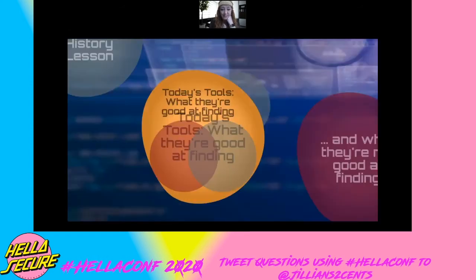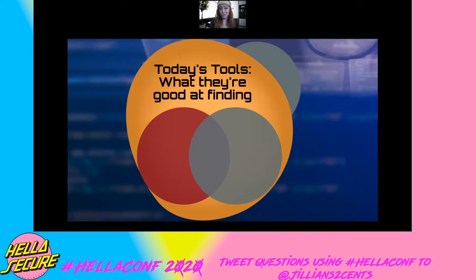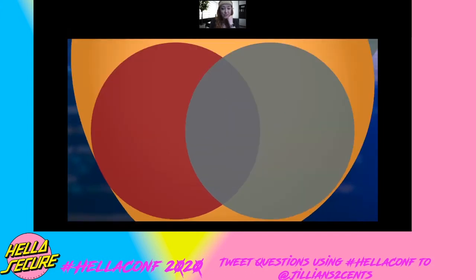We're going to talk about what today's tools are good at finding. So I have a little Venn diagram here, because I like Venn diagrams, between static application security testing and dynamic application security testing. So static application security testing, or SAST for short, is pretty good at finding weak crypto and hashing, with an asterisk, sort of.